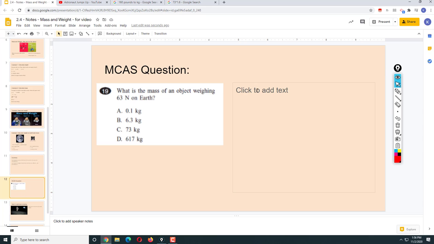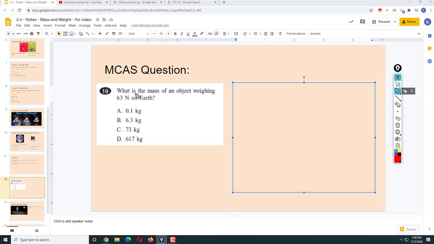Here's an MCAS question. It says, what is the mass? So we don't know mass. Weight is a force. So the force is 63 newtons. And it says Earth.